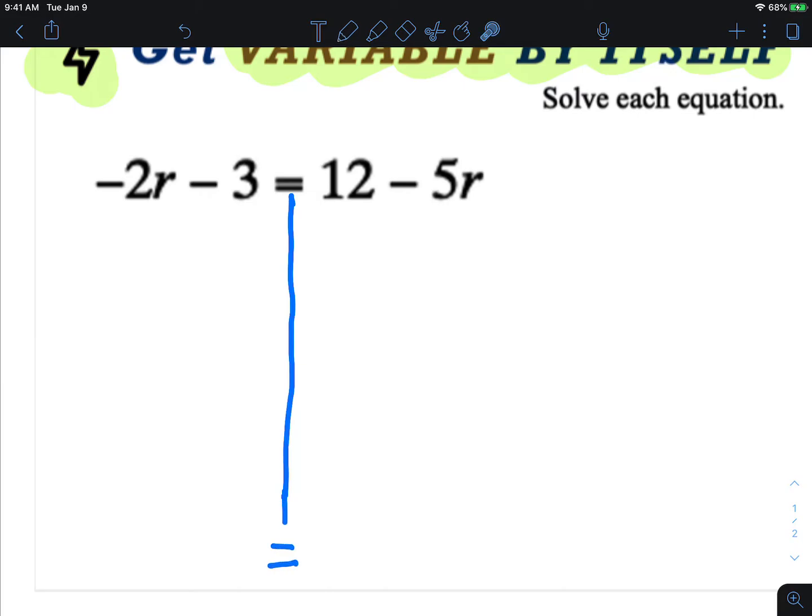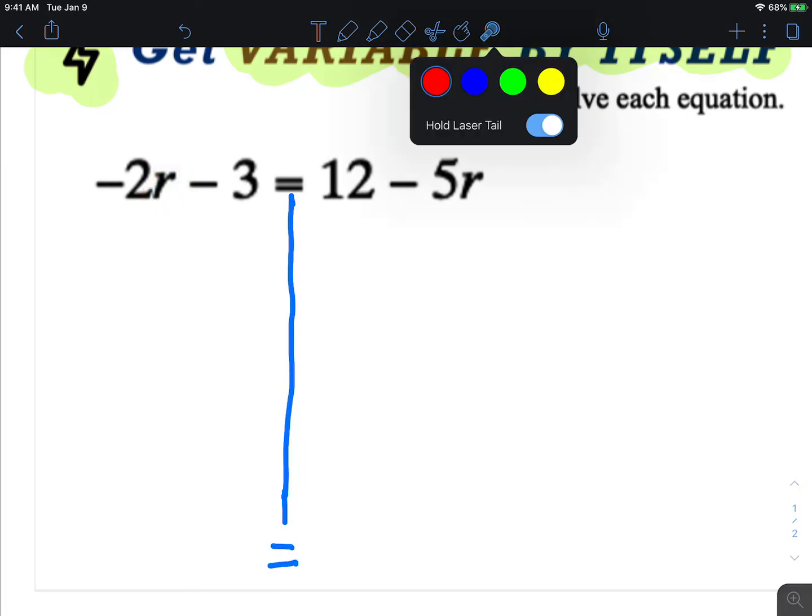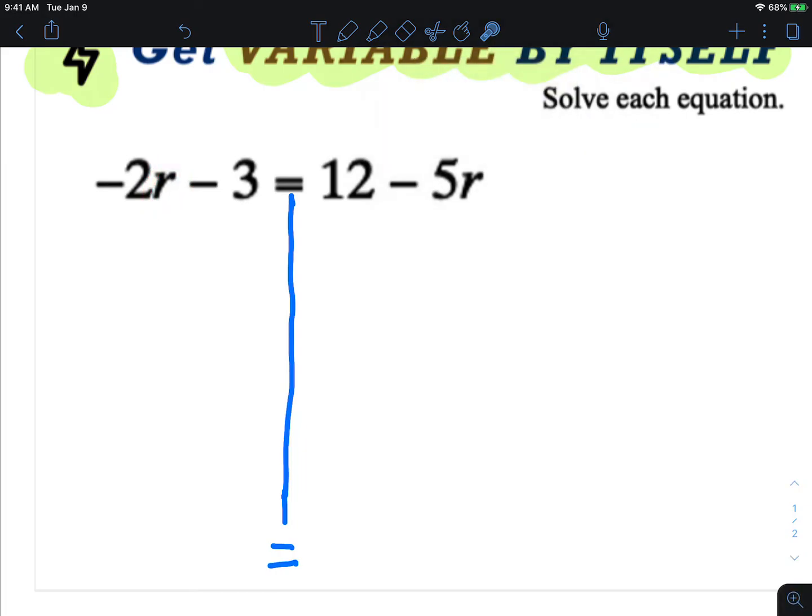Now, this equation is different from the prior ones, because usually we found R, and our goal was to get R by itself and bring it down. But notice there's an R here and an R here. I can't bring both down. I don't want R's on both sides.